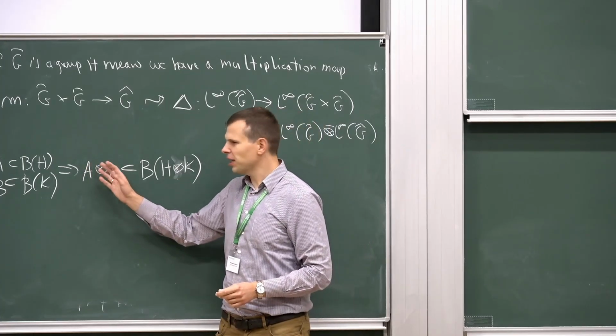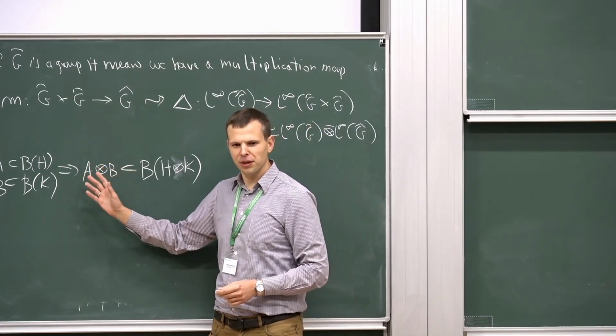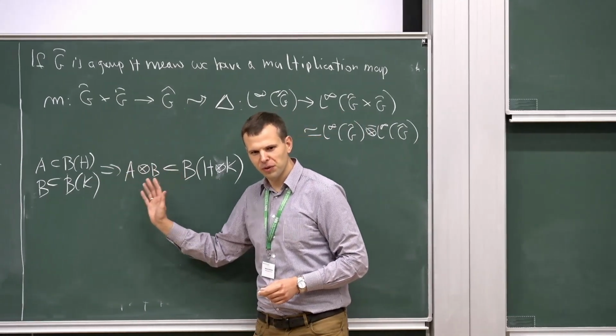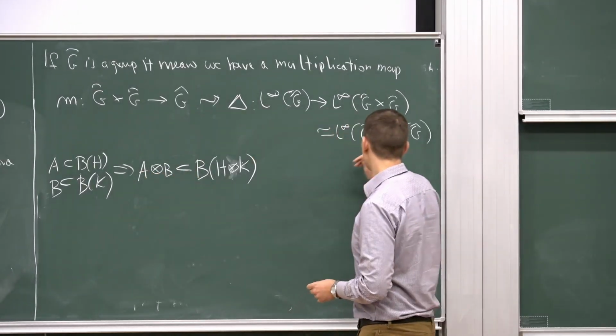For von Neumann algebras, you would take any of the closures that Robin described to obtain a von Neumann algebra.